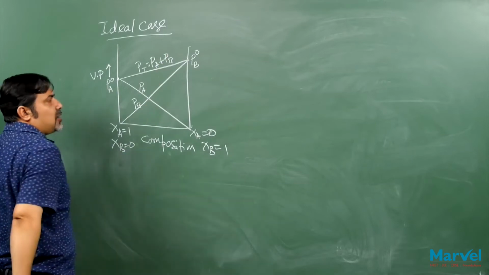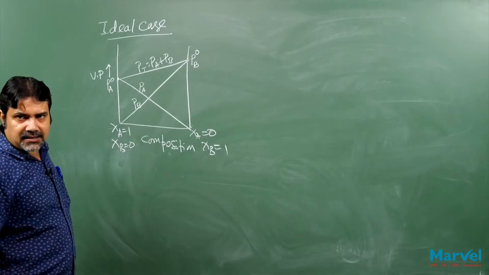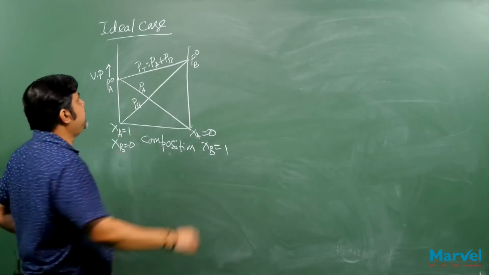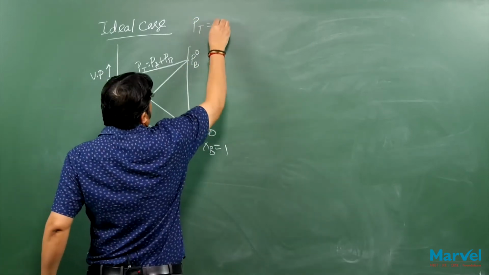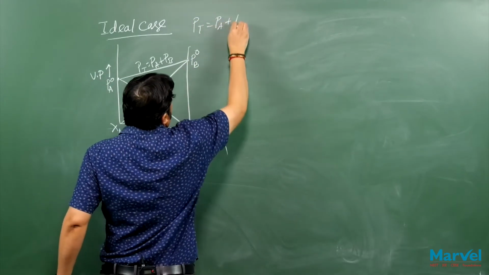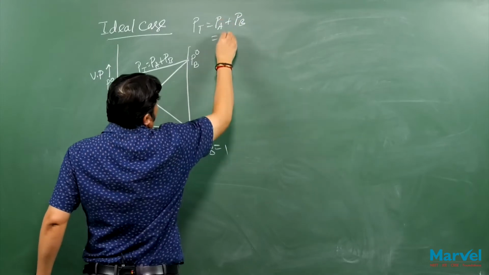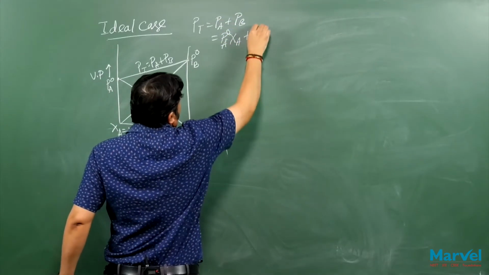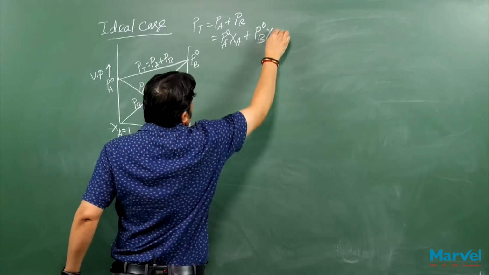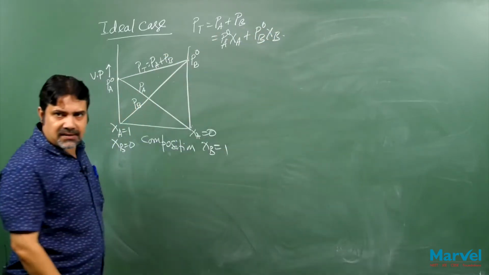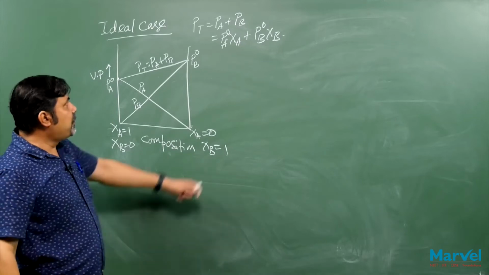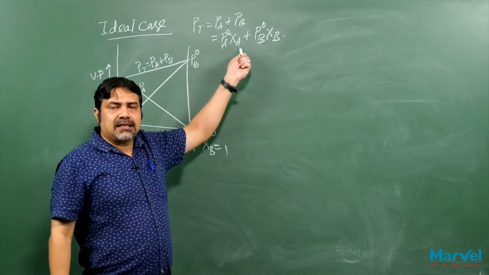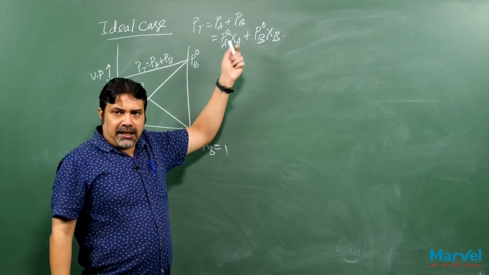PA will be equal to PA naught into mole fraction of A, and we already know PT will be equal to PA plus PB, which is PA naught into mole fraction of A plus PB naught into mole fraction of B. Already we know these things. This mole fraction is nothing but the mole fraction of liquid A in the liquid mixture.